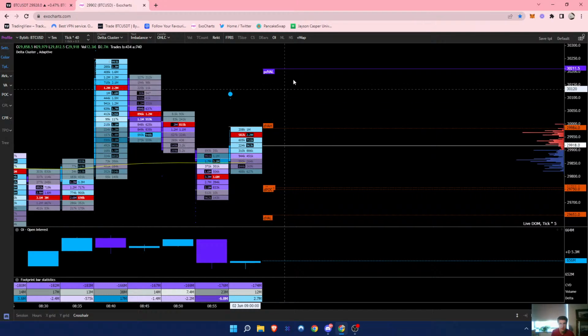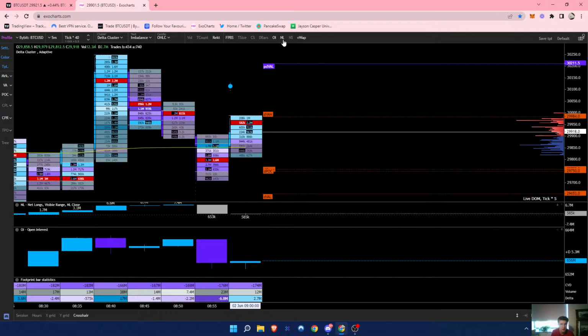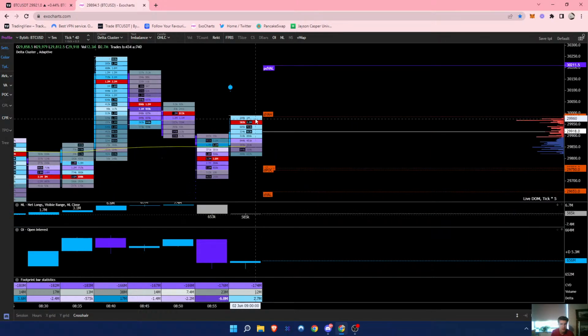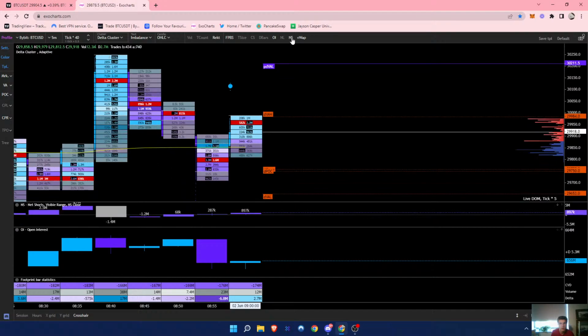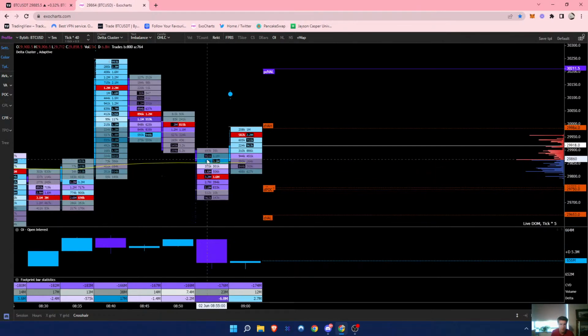Oh my goodness. So these are longs closing. That's why you see the stacked imbalances here. You can see a drop in longs. They are probably getting stopped out since OI was decreasing there.